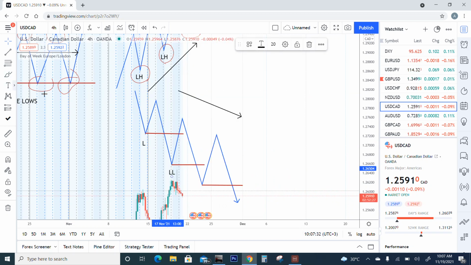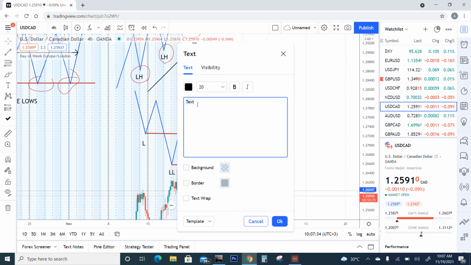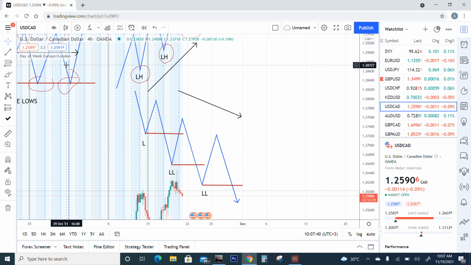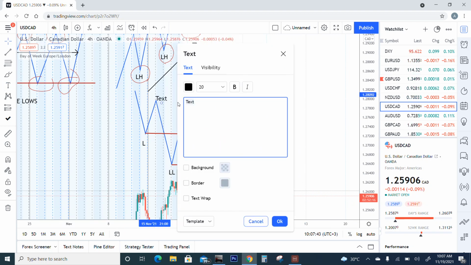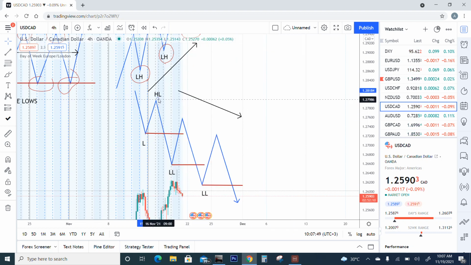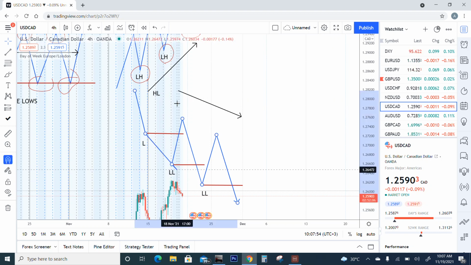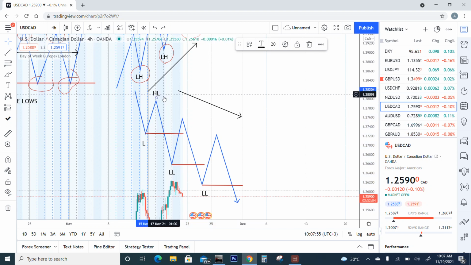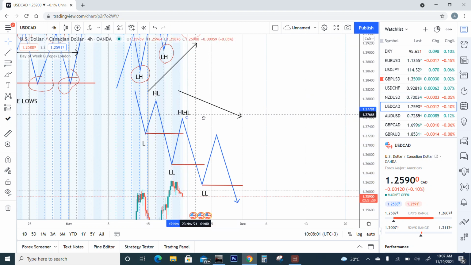In that case we're getting higher highs; in this case we're getting lower lows. And in the process, you also get a lower high, a high which is lower than the previous one, as you can see here.